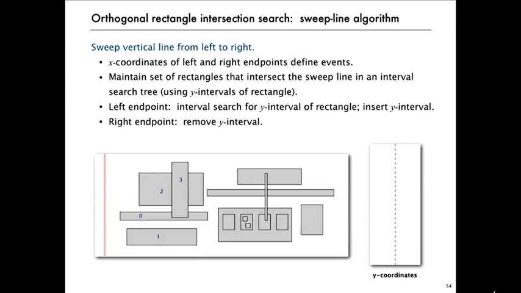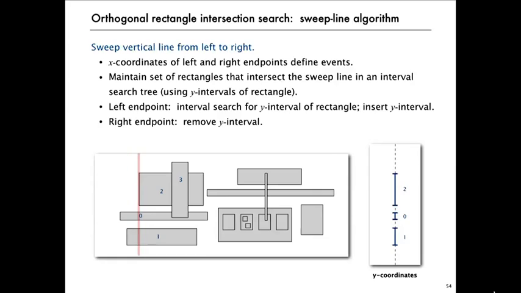Rather than using range search as our basic operation, we're going to use interval search. So now, every time the line sweep hits a rectangle, that corresponds to an interval.